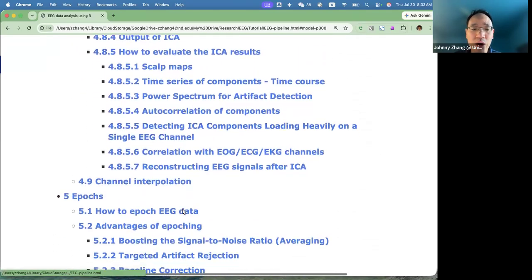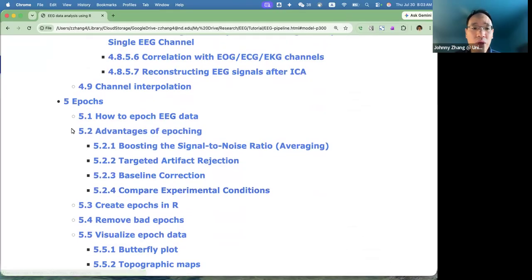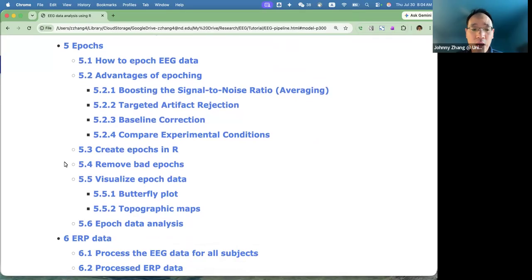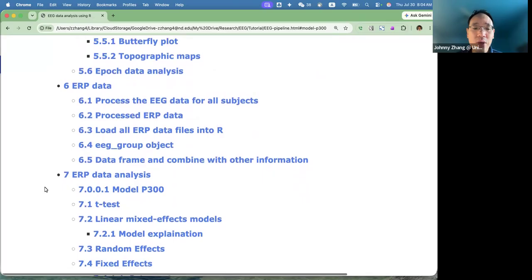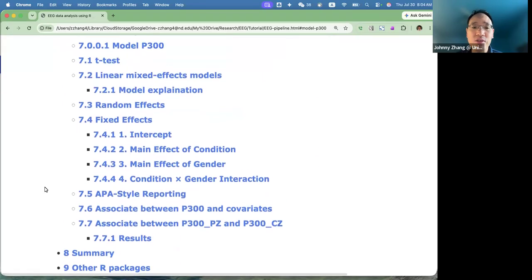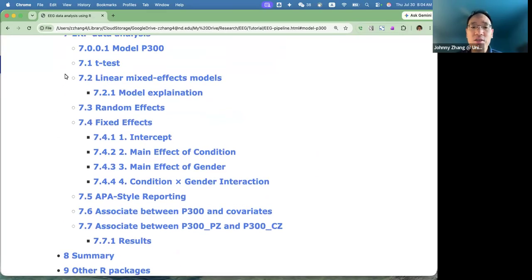I will also talk about how to form epochs using EEG data, and then how to analyze this kind of epoch data. Finally, I will talk about the ERP data analysis, particularly using some statistical methods such as t-test and linear mixed effects models.